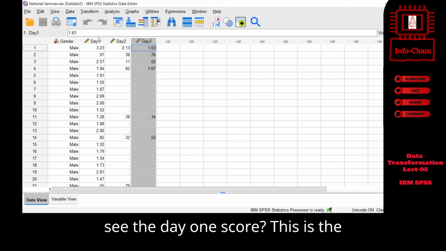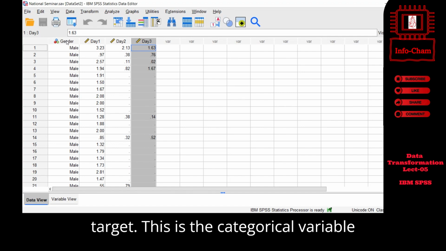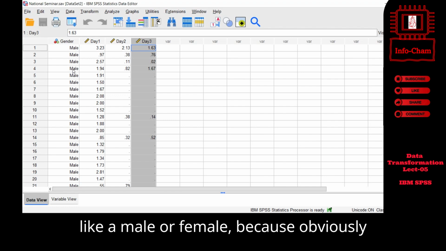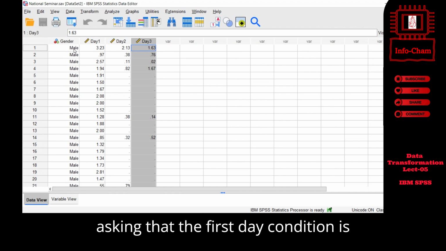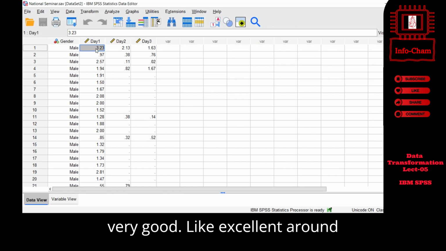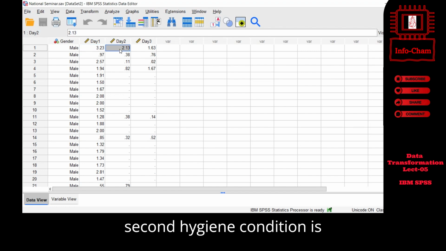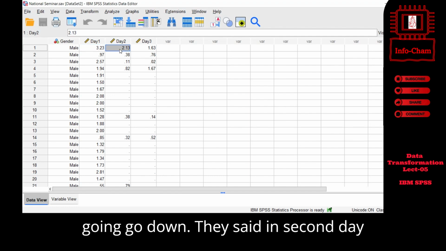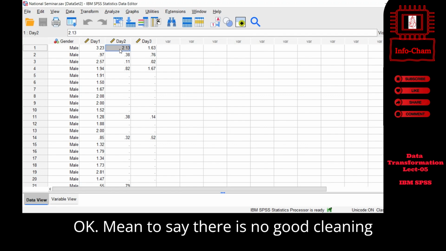Can you see the day one score? This is the mean value, the average value of the target. This is the categorical variable, male or female, because both took part in that big event. This male reported that the first-day condition was very good, around excellent, 3. On the second day the hygiene condition went down; they said it was not good, meaning there was no good cleaning.